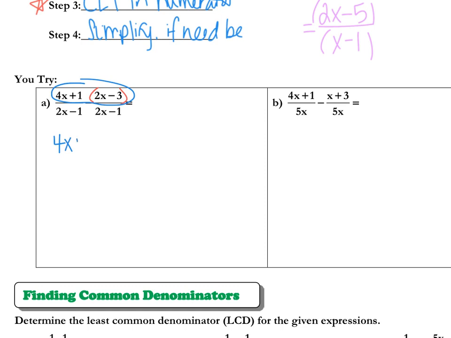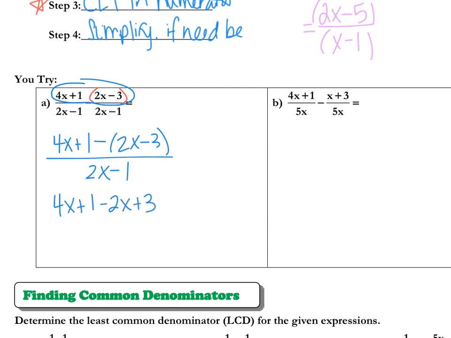So 4x plus 1 minus 2x minus 3 all over the least common denominator. Again, do not do step 4 yet, or in other words, the last step. You must simplify the numerator first. So 4x plus 1 minus 2x plus 3. So that gives me 2x plus 4 over 2x minus 1.